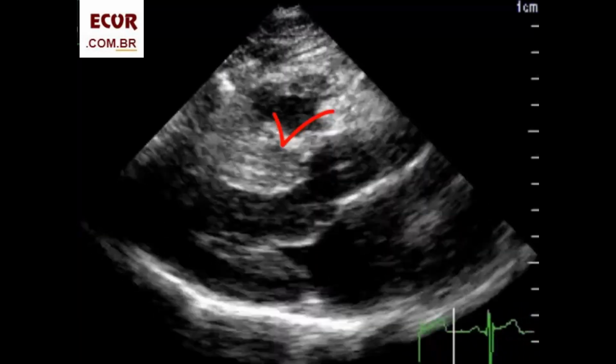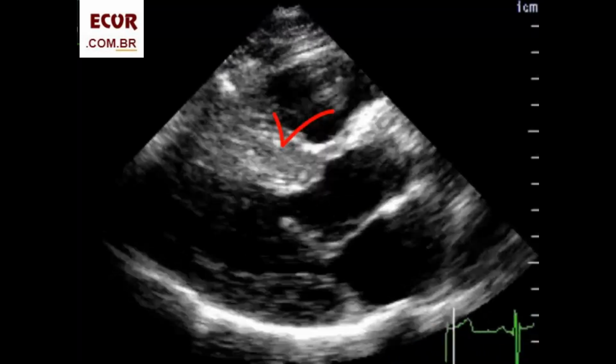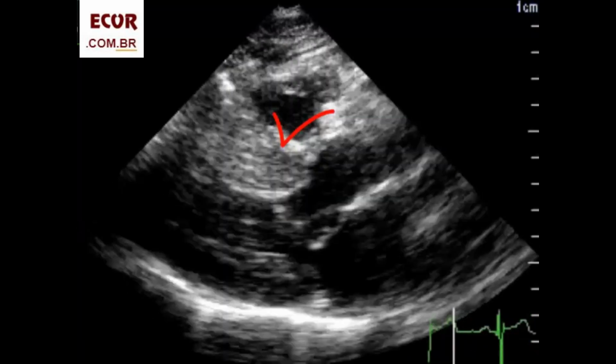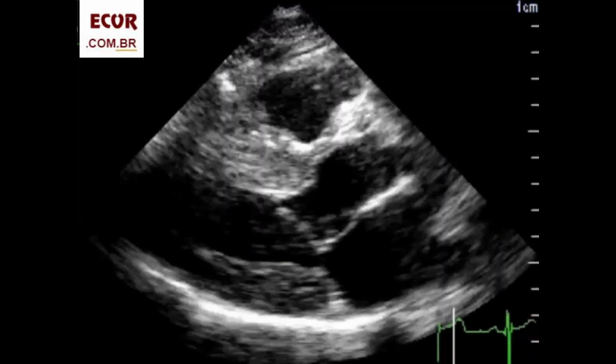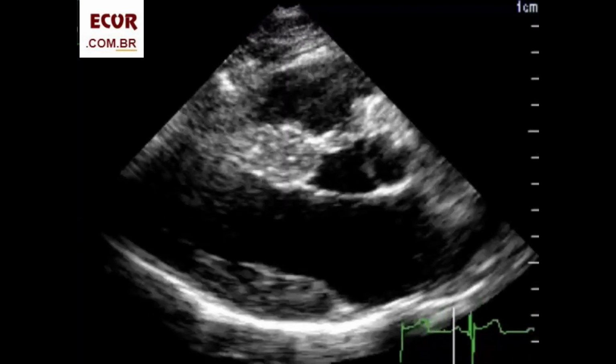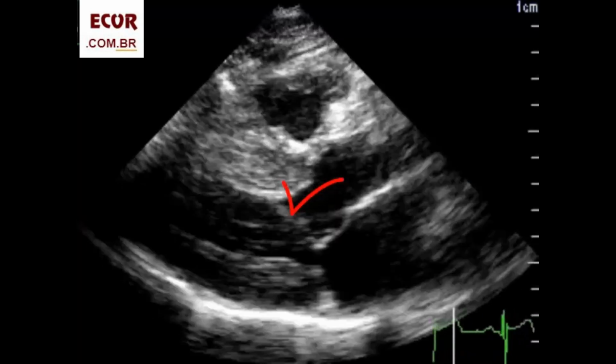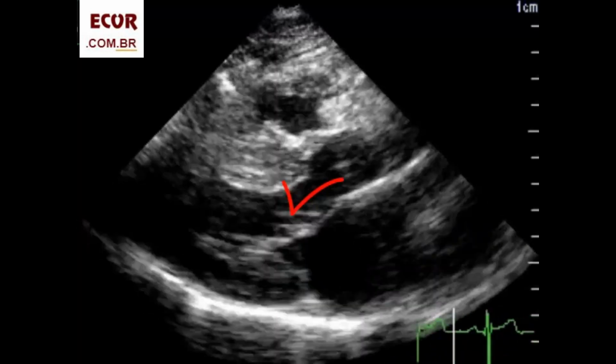The IVS hypertrophy is uniform with about the same thickness from the subaortic region to more apically. There is a systolic anterior motion of the mitral valve, the SAM, in direction to the IVS.